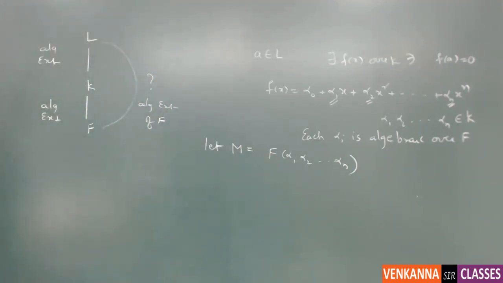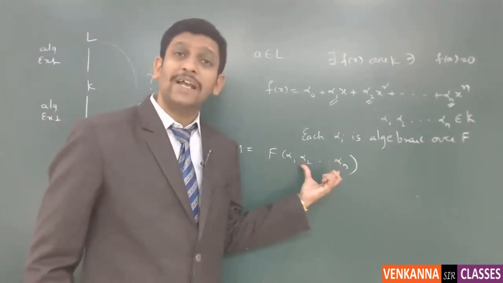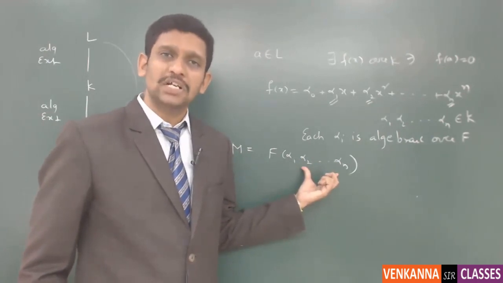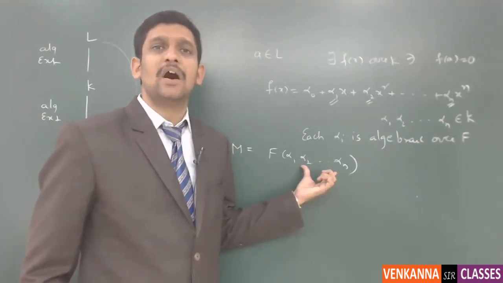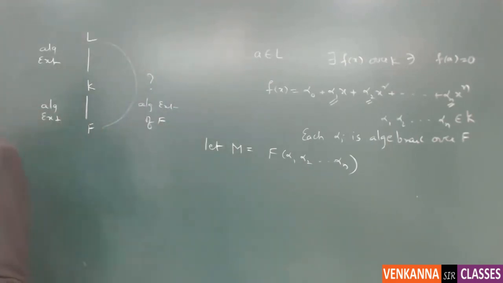Let M be equal to F of alpha 1, alpha 2, and so on, alpha n. Since it contains a finite number of elements, this is a finite extension as well as the algebraic extension over F. You just take note of that part.